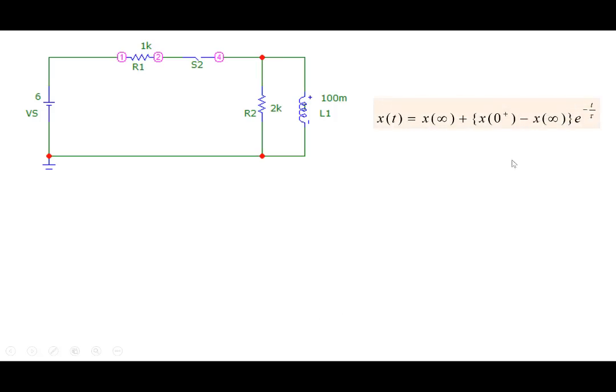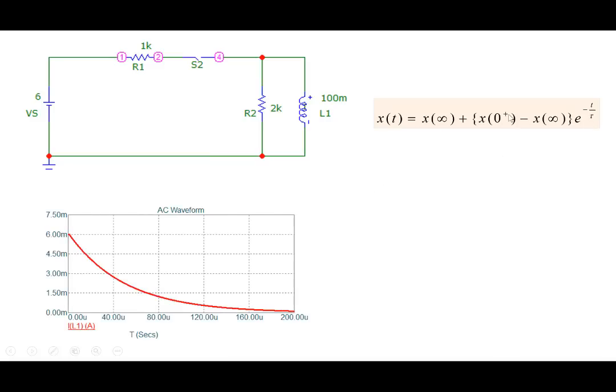But you could have also applied this form, calculating the voltage across the inductor by finding the voltage at infinity, the voltage at 0 plus, and tau. Well, in that case you would have a little bit of a problem, because the voltage across the inductor is not the same before and after opening the switch. It's the current which cannot change instantaneously. The voltage can change instantaneously across an inductor.